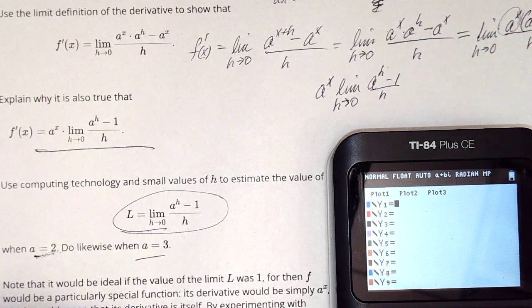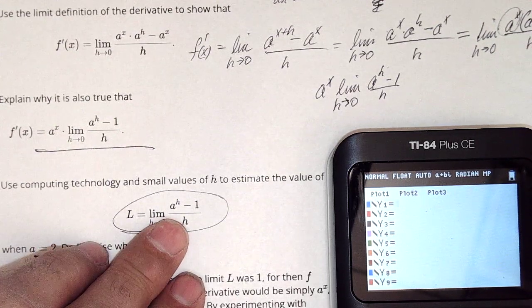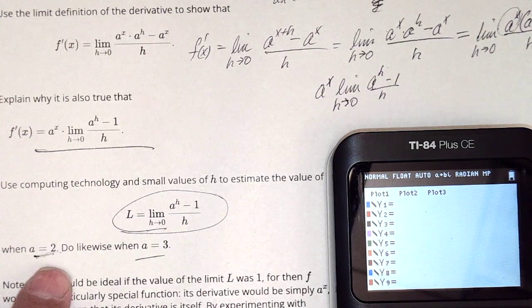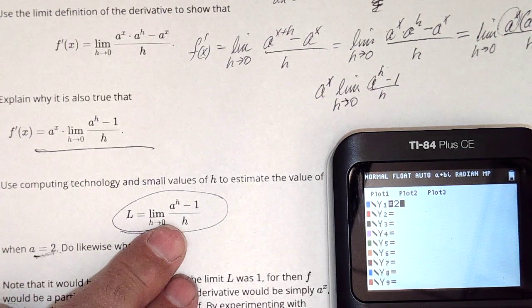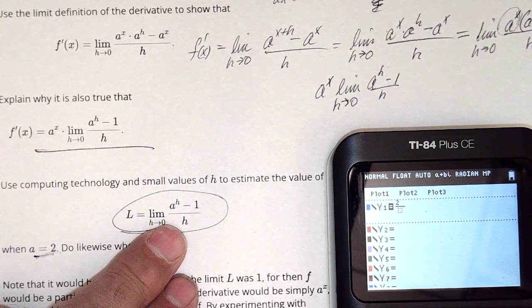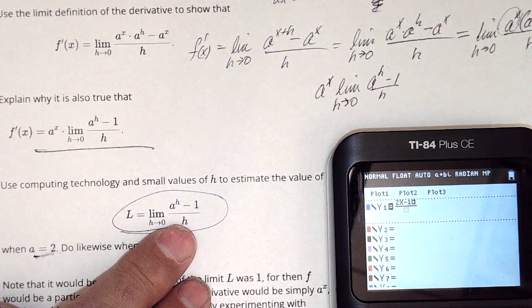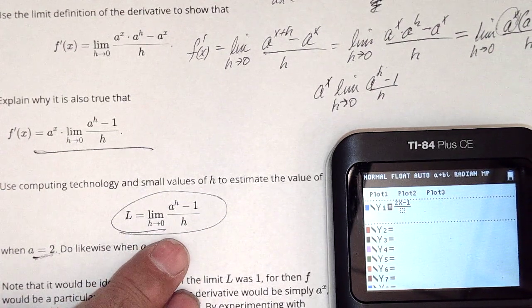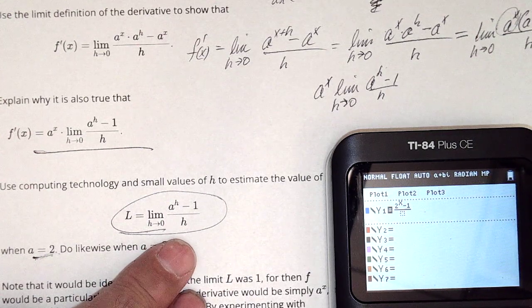We type in a, and we could do it with different values of a. They said to do it with a 2, so I'll put 2. Let's see, clear, let's make it a fraction: 2 to the x minus 1 over x.